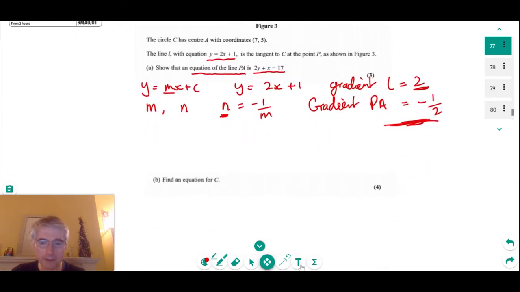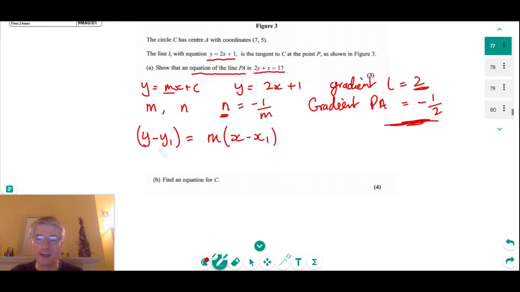So having found our gradient, we're now going to apply another equation for a straight line, which is y minus y1 is equal to m, the gradient, times x minus x1, where x1, y1 is a point that the line goes through, and m is the gradient.